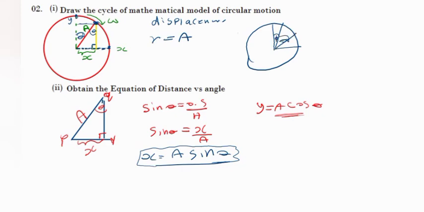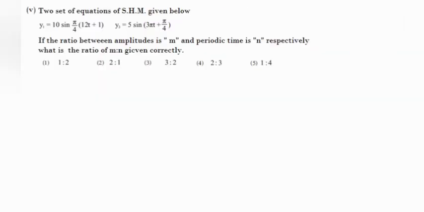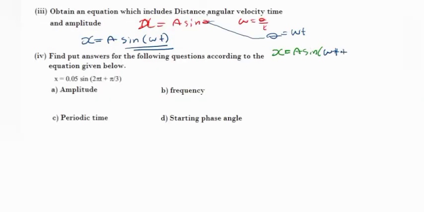Now this angle is nothing other than theta plus pi. It's not a very big deal, it's really simple. I will teach you what the phase angle is later. Now you can add this angle as pi. So that's really simple.